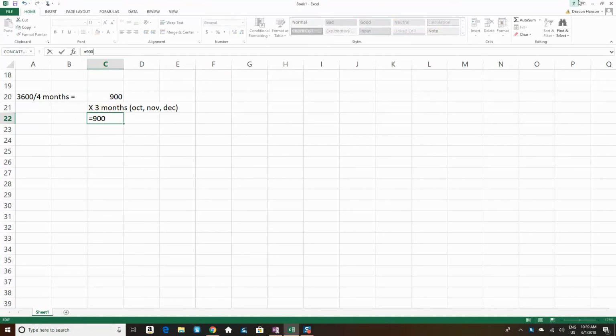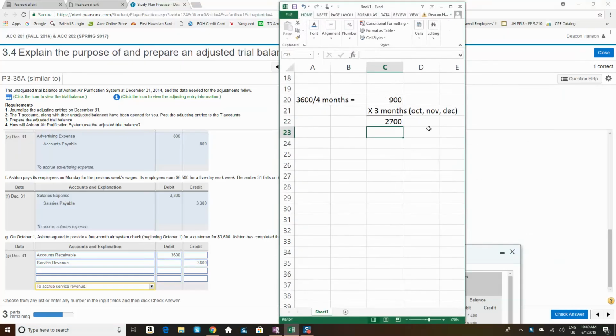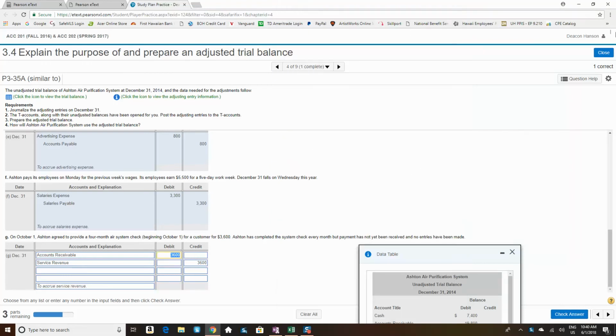Just do it like that, times 3. Okay. So that's the amount that we have to use. We're not going to use the full 3,600. We're going to use 2,700. That's 3 months worth of revenue that's been earned.